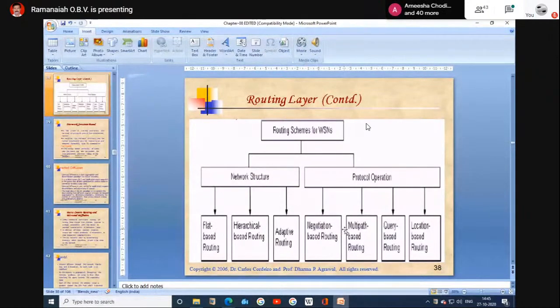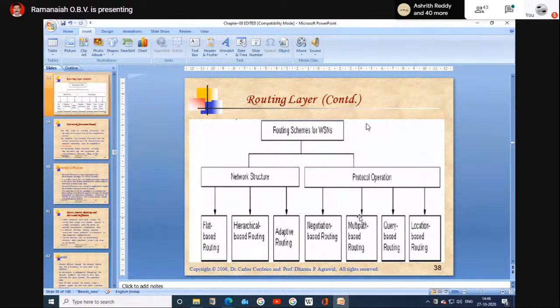Right? That is SPIN. Multi-path based. You want to have multiple paths between the data source and the sink, for reasons of reliability or for reasons of performance. For any reason, you have multiple paths. That is multi-path based. Then the next is query-based.